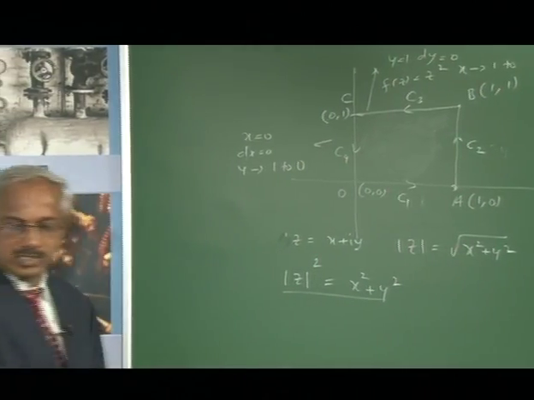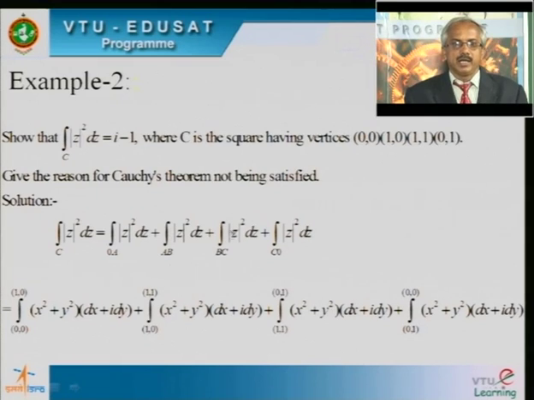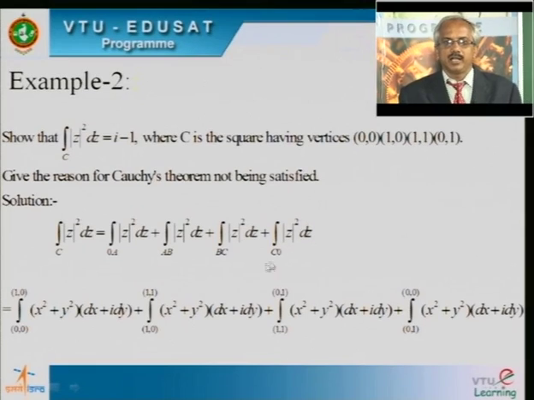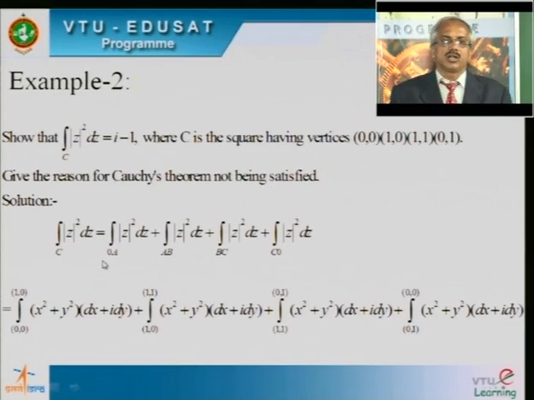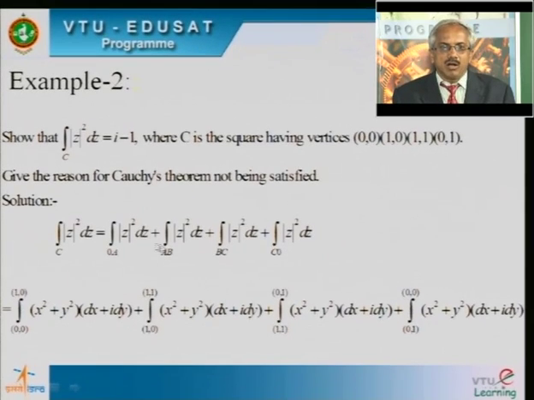In a similar way to the previous problem, I have taken that the integral along the square C of mod z squared dz is equal to the integral along the line OA, the integral along the line AB, the integral along the line BC, the integral along the line CO, or the curves C1, C2, C3, C4, because the square curve C is a union of C1, C2, C3, C4, and I have written all the integrals in a single line. I go through that one.